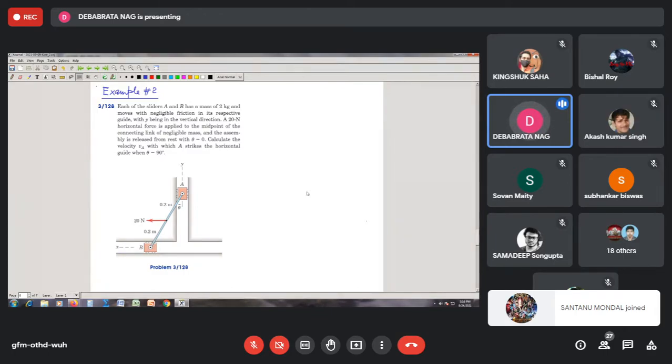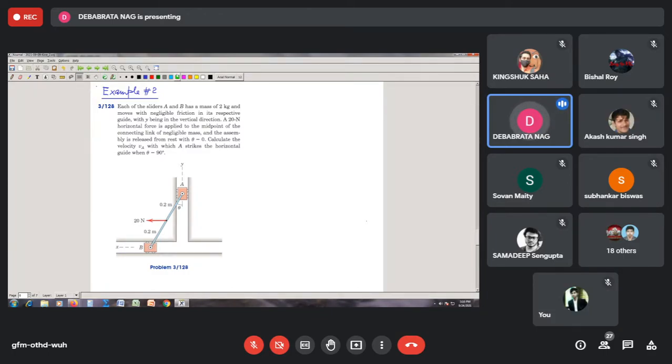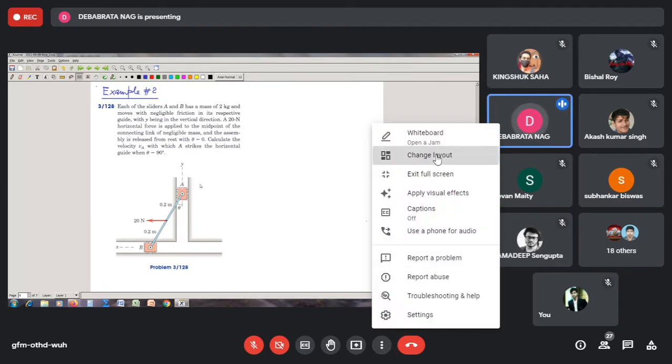The speciality of this problem is that, unlike the previous problem where we had just one mass, here we have two masses, or we can have more than two masses.